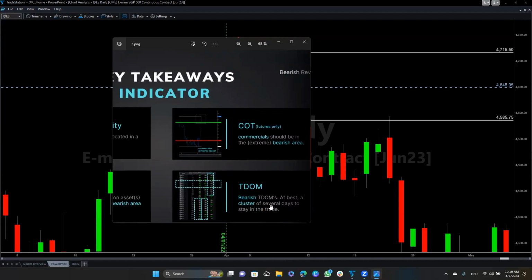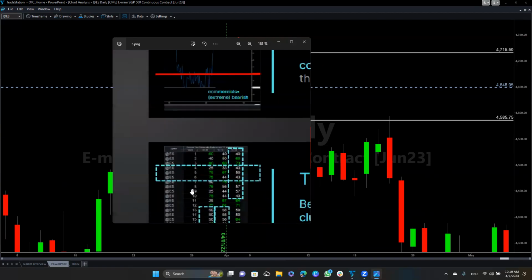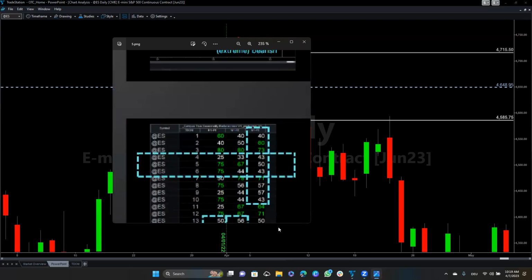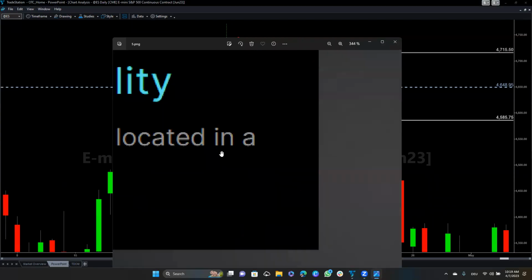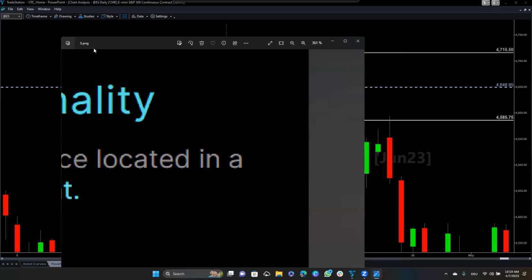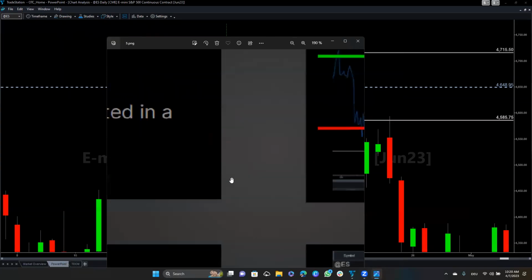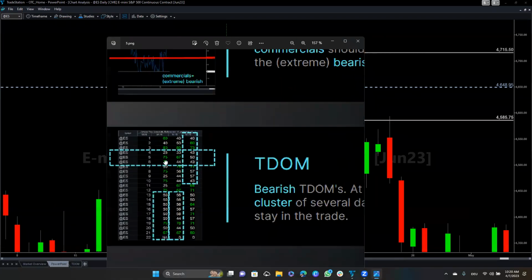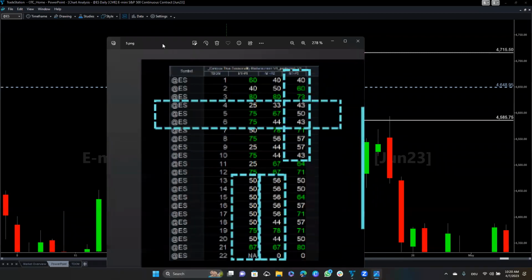At best, a cluster of several days to stay in the trade. And look at this. Quality is not the best, I know, but I think it's fine here for this sample. I only need this one here.